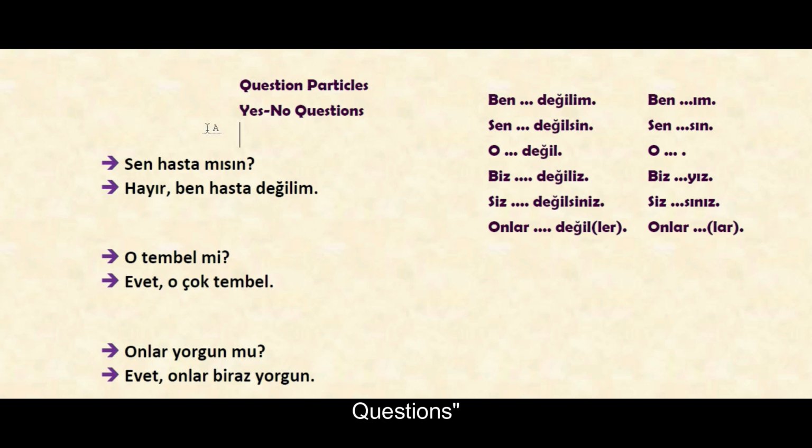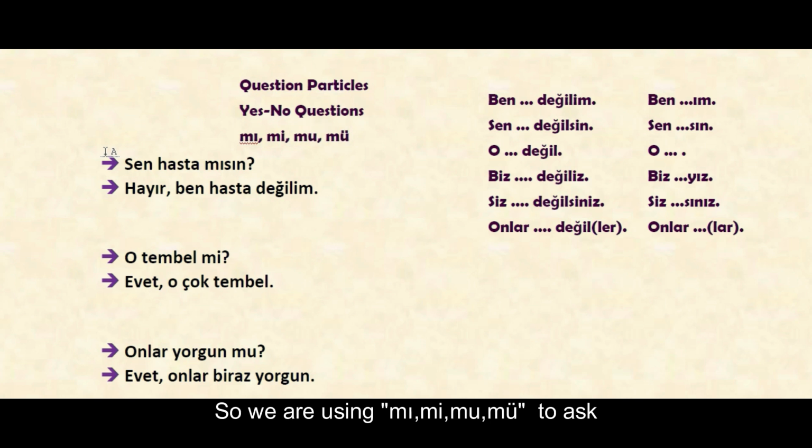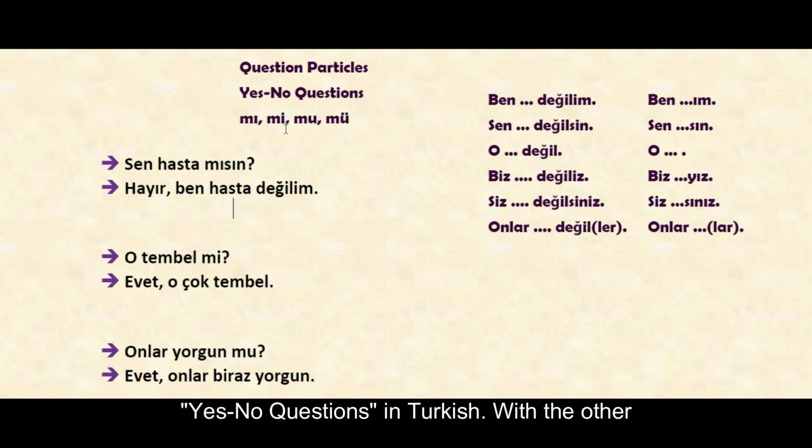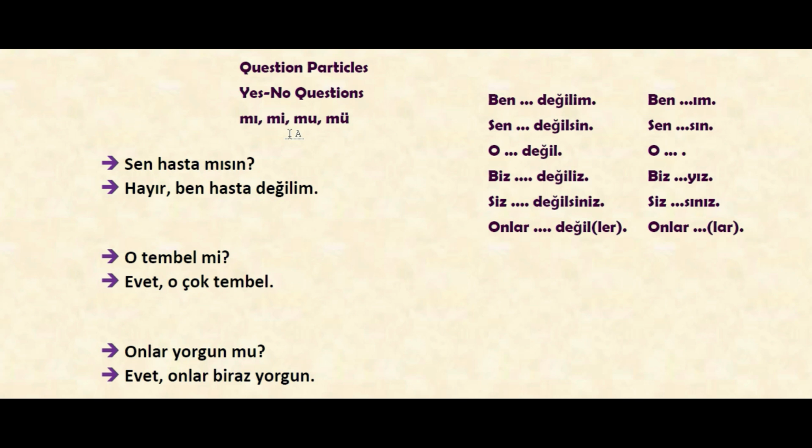So with yes no questions we'll be using mı, mi, mu, mü. So we are using mı, mi, mu, mü to ask yes no questions in Turkish with the other things. For the present we didn't talk about verbs yet, but when we use verbs also we'll be using these question particles mostly, I can say.